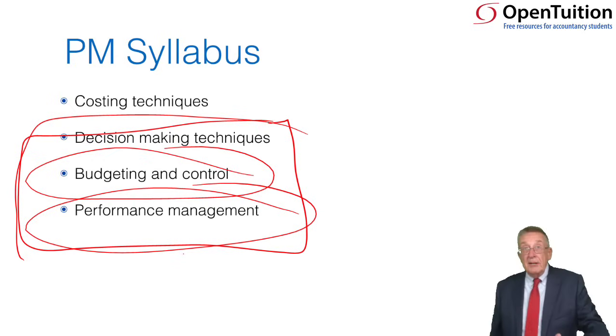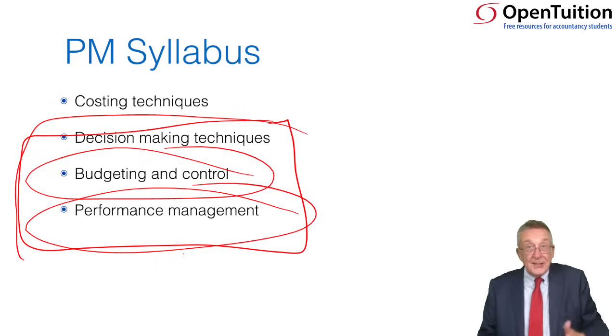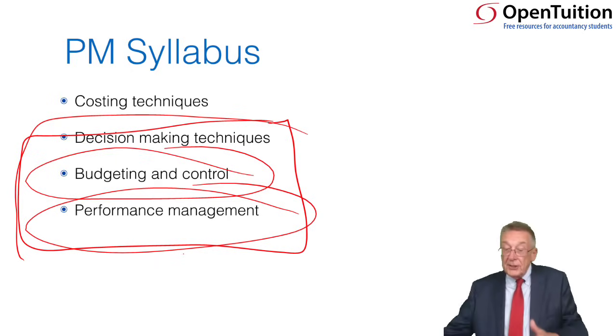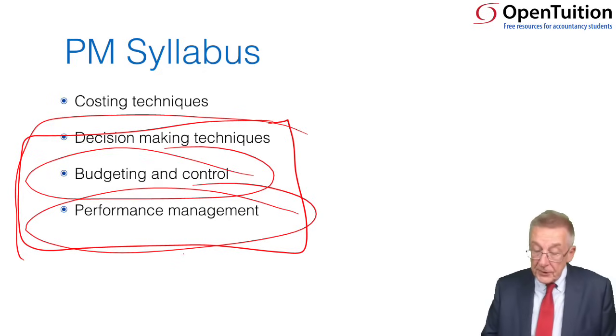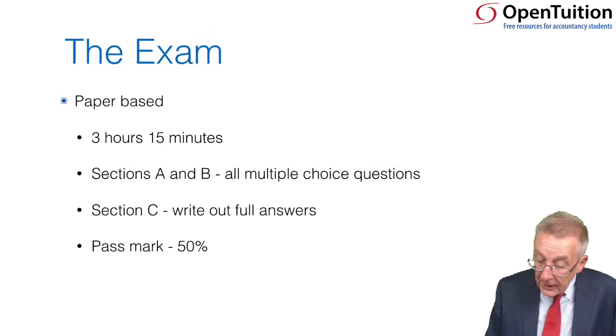But all areas of the syllabus will be tested in section A and section B. It's section C where it'll be 2 of those 3. Anyway, back to where I was.